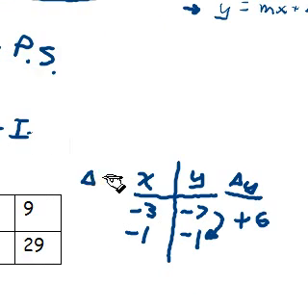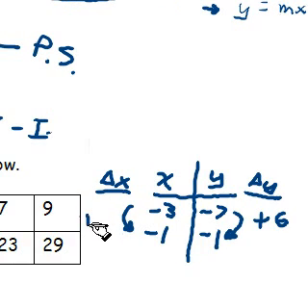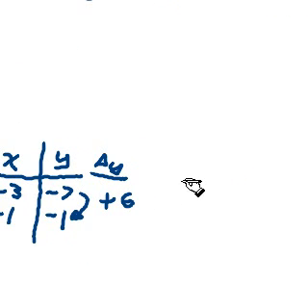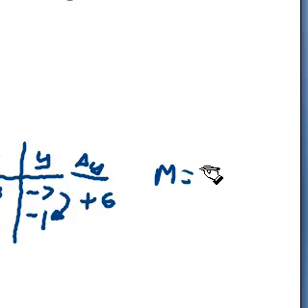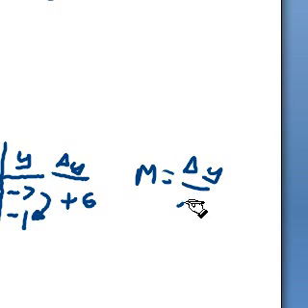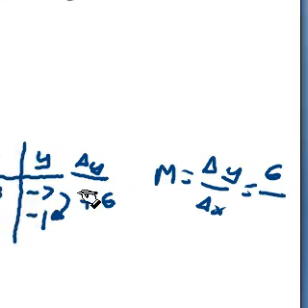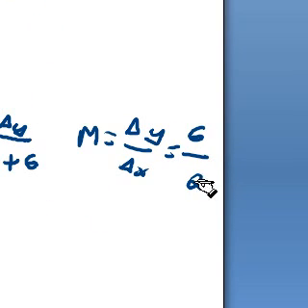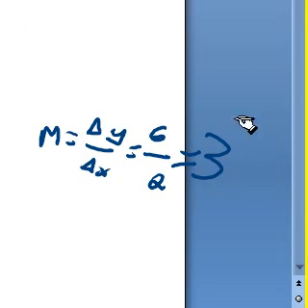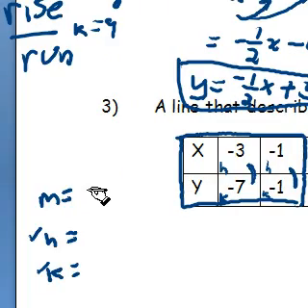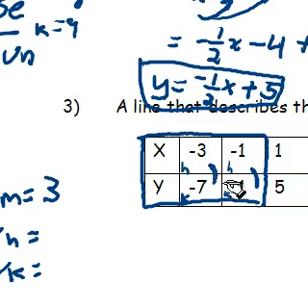What's our change in x? How do we get from -3 to -1? That's a change of +2. We know that our slope is change in y over change in x. Our change in y was 6, our change in x is 2, and 6 divided by 2 is 3. So we know that our slope is 3.